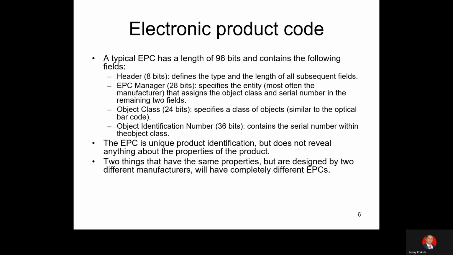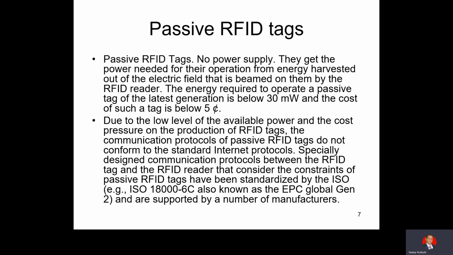The EPC is a unique product identification but does not reveal anything about the properties of the product. Two things that have the same properties but are designed by two different manufacturers will have completely different EPCs, electronic product codes. And passive RFID tags have no power supply.